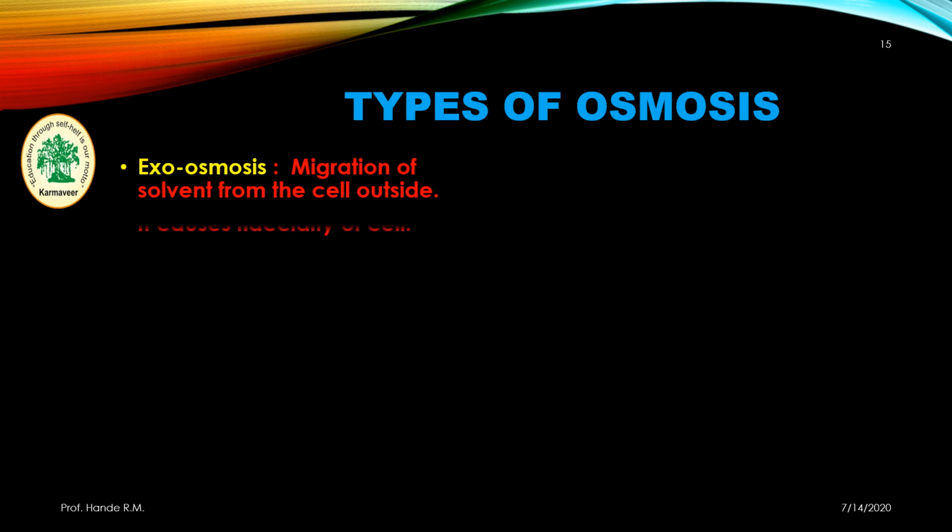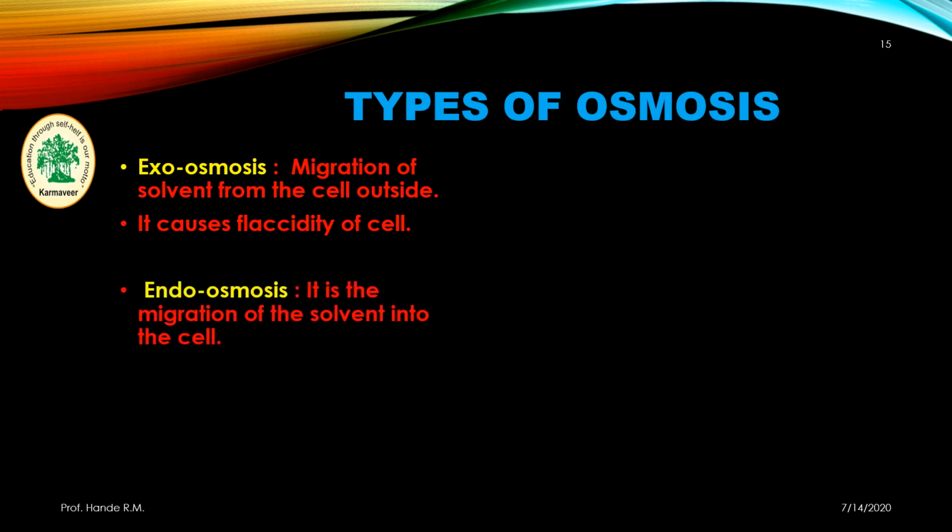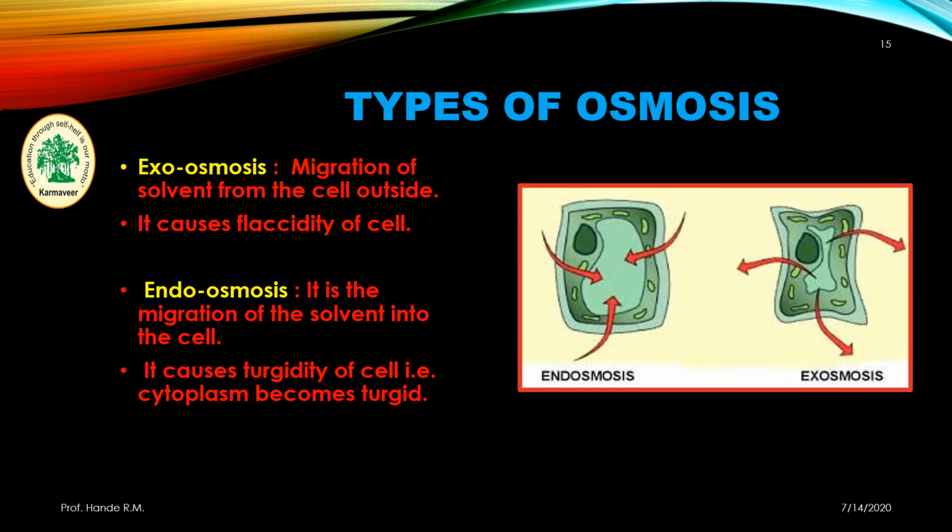And second type is endoosmosis. It is a migration of the solvent into the cell, and it is caused due to the turgidity of the cell, that is, the cytoplasm becomes turgid. Here the diagram shows the endoosmosis and exoosmosis.